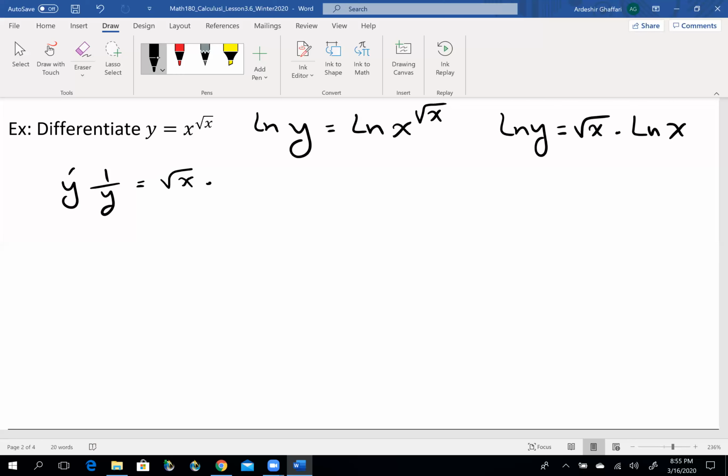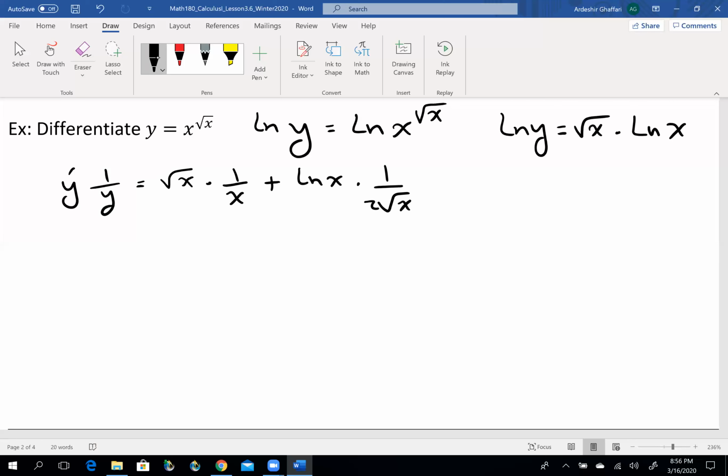The derivative of natural log of x with respect to x is going to be 1 over x, plus second times derivative of first, and the derivative of the square root of x is going to be 1 over 2 times the square root of x.